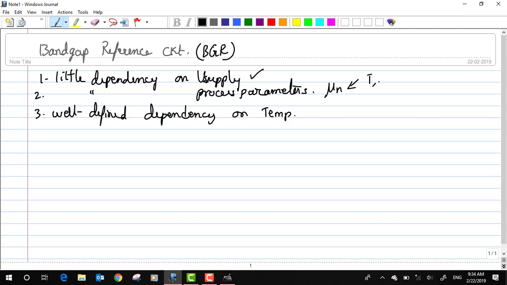When we build this circuit using transistors, which are sensitive to temperature, any variation would certainly disturb my mu n, and in turn it disturbs my I reference, and we want such an effect to be as little as possible.